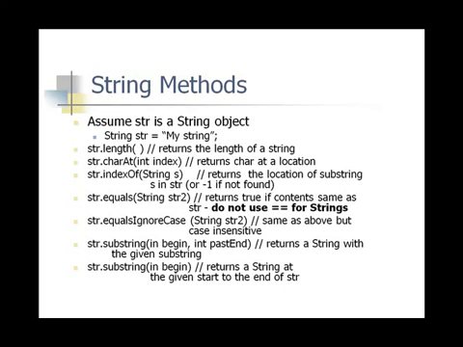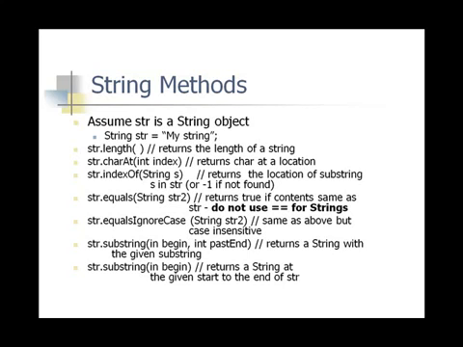So if you wanted to do 3, 6 in "my string", counting 0, 1, 2, 3, it would start off with a space, and then 4, 5, 6, which would be the R, so it would be space ST. You have to pay attention to the past the end, so take a look at that in the API.